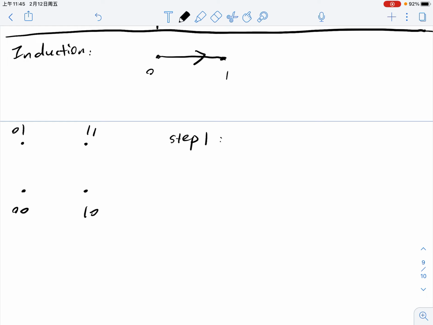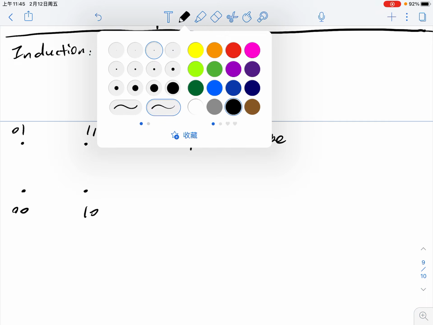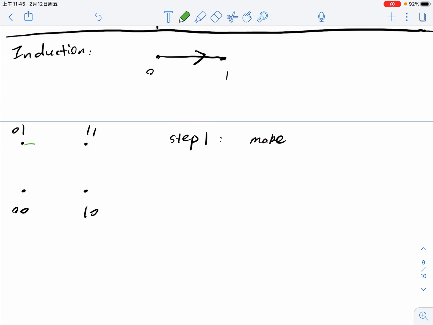So step 1, you decompose this as 2 copies. That means above you have 0, 1, 1, 1, and below you have 0, 0, 1, 0. So let's make 2 copies of 0, 1. And now you need to put in arrows.